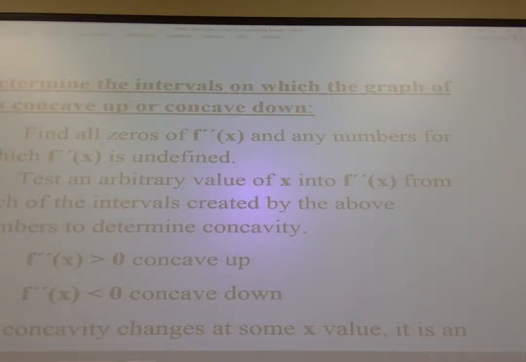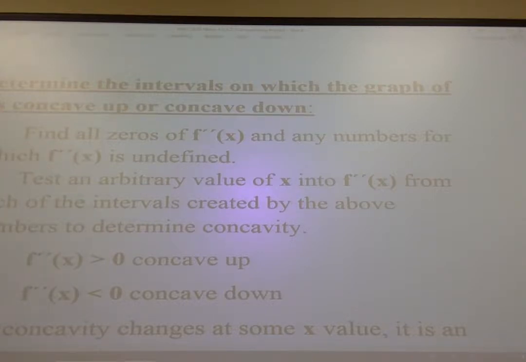To determine the intervals on which the graph of f of x is concave up or down, here are your steps. First, find all zeros of f double prime, the second derivative, right? And any numbers for which f double prime is undefined. Okay.